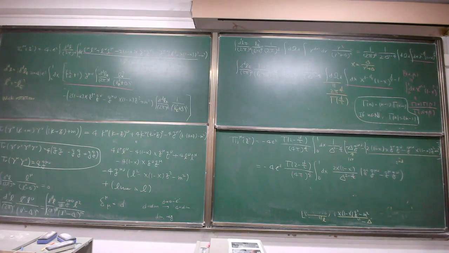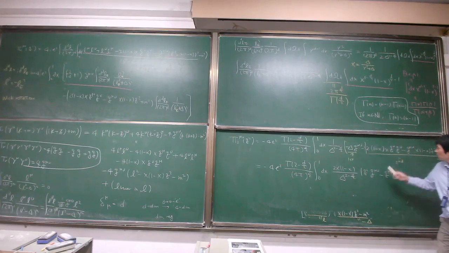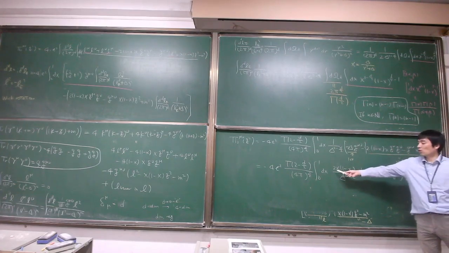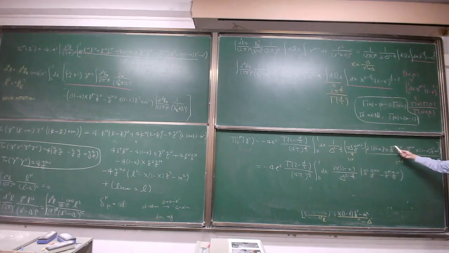Now q squared times g mu nu comes from here, and if you add them up, you get 2 times overall factor 2x(1 minus x) will show up, and then you have a q mu q nu. This is exactly what the Ward identity would tell us.